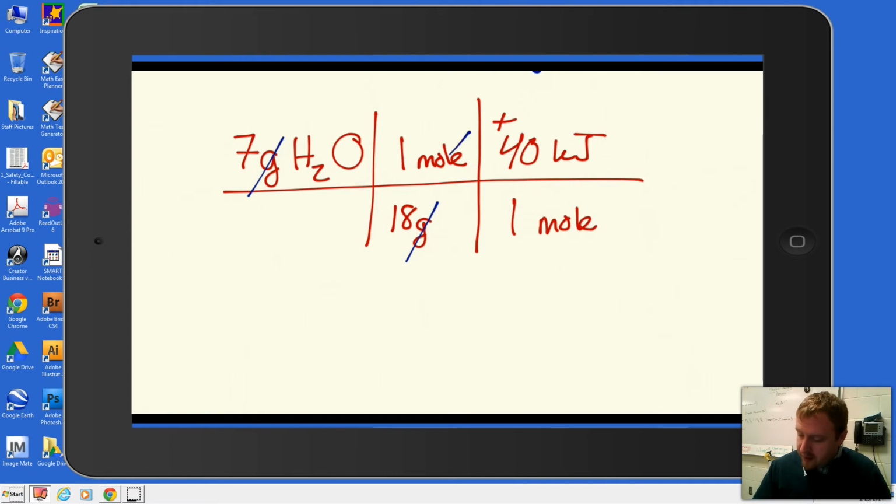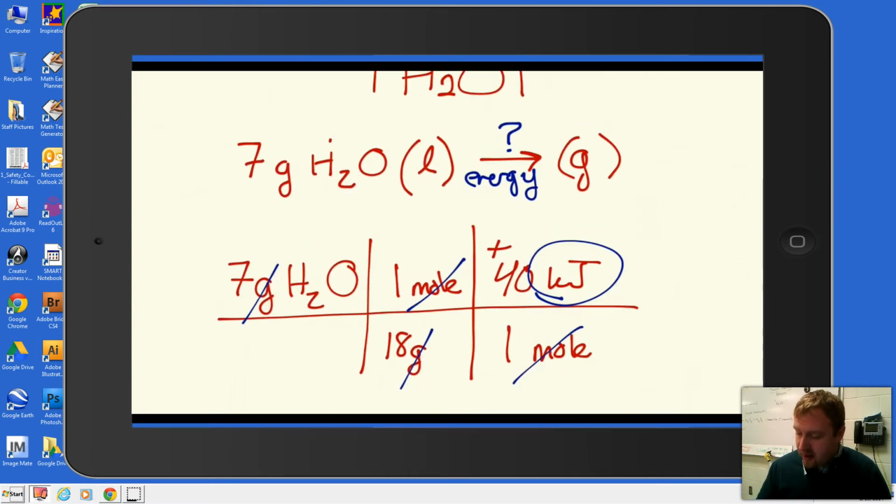And what we see happen here is now the moles cancel out, and I'm left with kilojoules. And that's perfect, because I want energy. That's what I'm looking for here: how much energy it takes to go from liquid to gas. So now it's just a matter of taking 7, dividing it by 18, and multiplying by 40. So if you'd like to do this with me, you can go ahead and take out your handy-dandy calculating device.